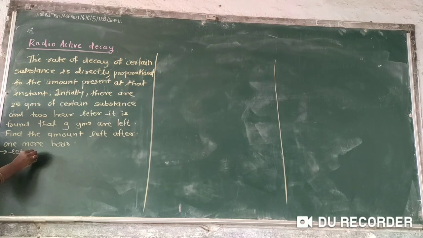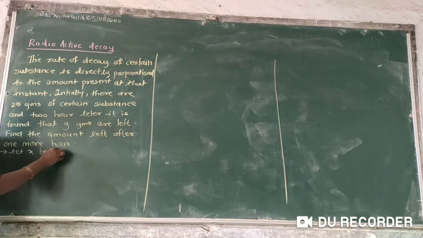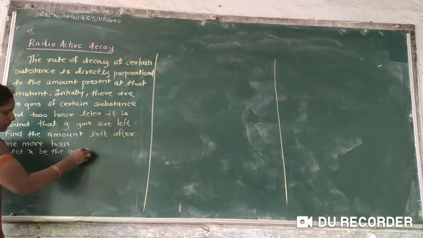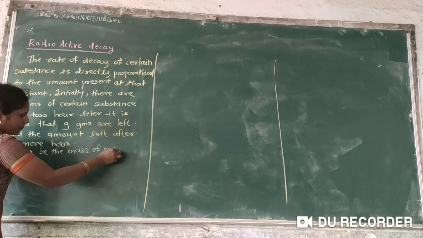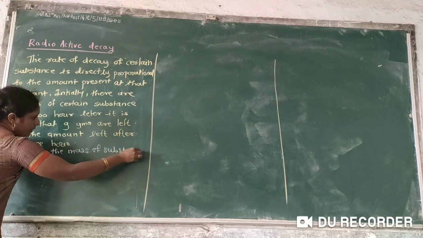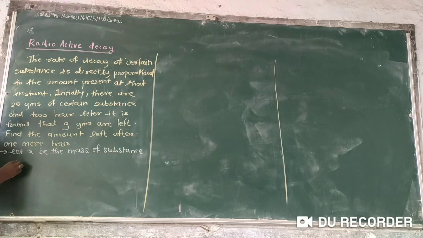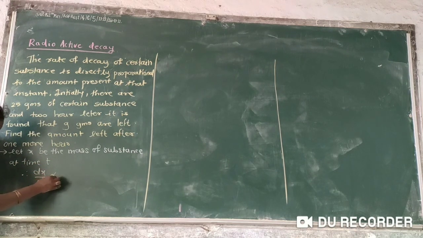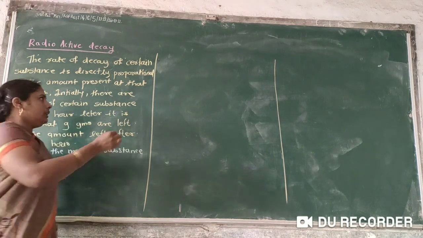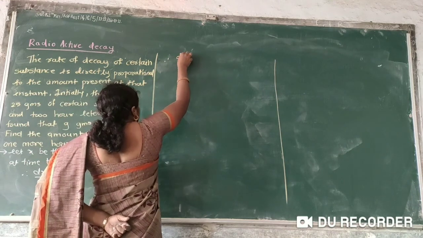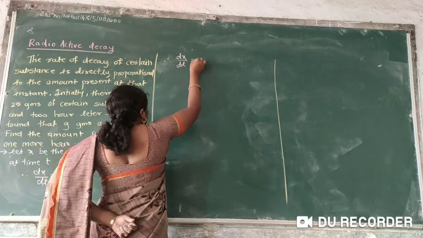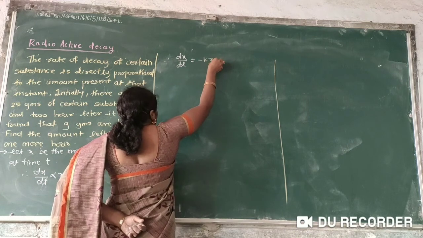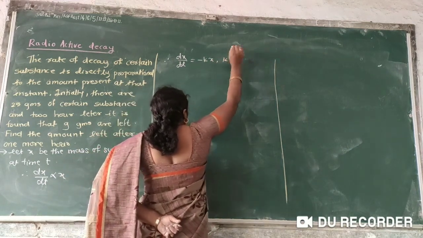Suppose let x be the mass of substance at time t. Therefore, dx by dt is proportional to x. Taking k as the proportionality constant, we get dx by dt is equal to minus k into x, where k is greater than 0.